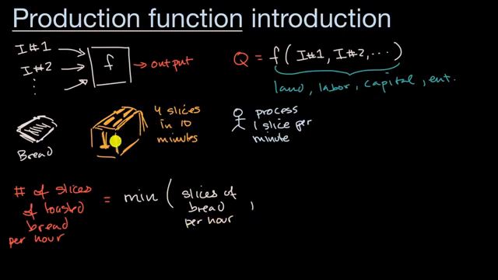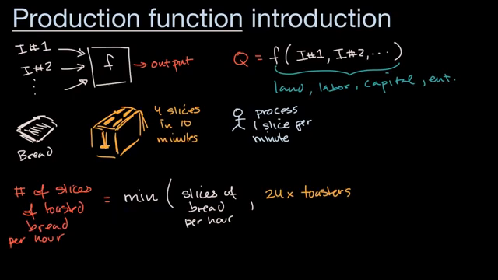Now our other input, how much toast can one toaster toast in 1 hour? Well, if they do 4 slices in 10 minutes, we'll multiply that times 6 to get to an hour. That's going to be 24 slices per hour. So we could do 24 times the number of toasters.